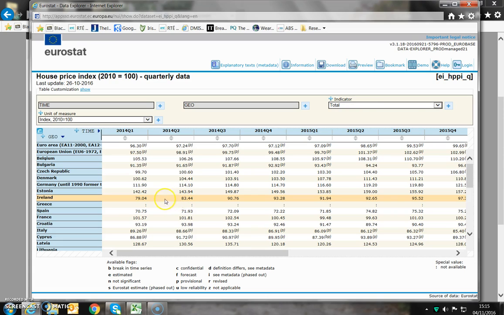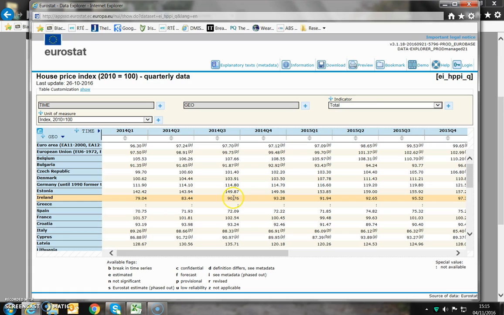Quarter 2. House prices are on the increase, so compared to 2010, you can see that house prices have increased a little bit from 2014 quarter 1. In quarter 2, they're still down on 2010 to the tune of about 16.5%.